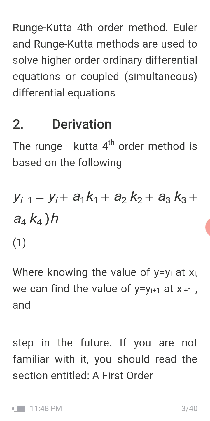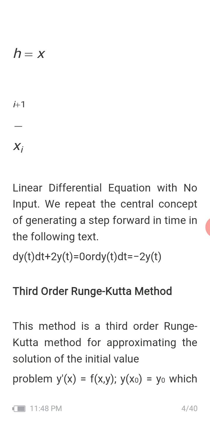If we are not familiar with it, we should read the section entitled first order RK method, that is h equal to x(i+1) minus xi. A linear differential equation with no input. We repeat the central concept of generating a step forward in time in the following text.